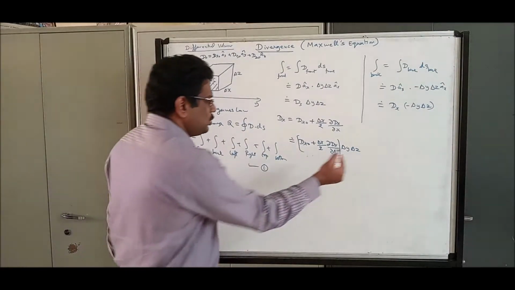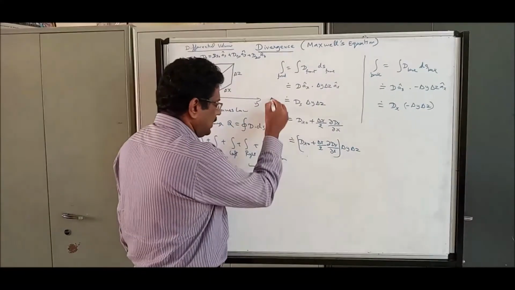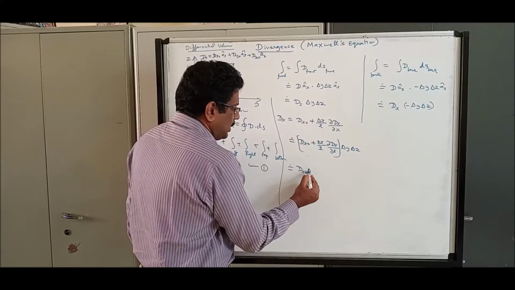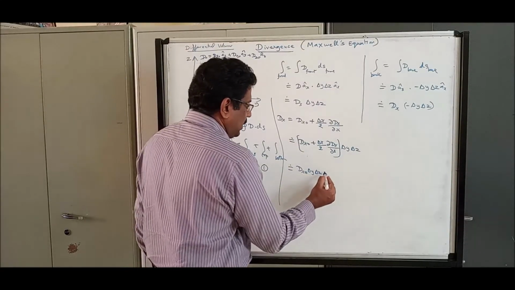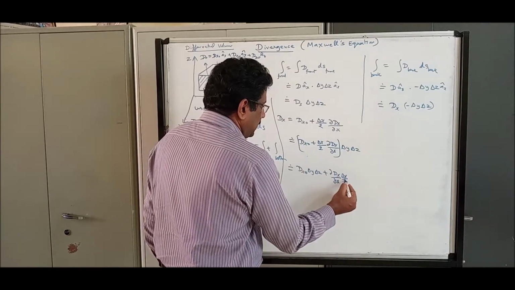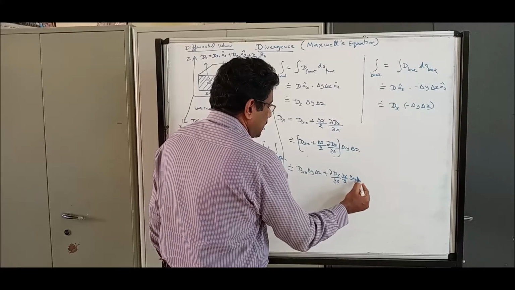If you multiply this value inside, what will be the answer? Dx0 delta y delta z plus ∂Dx/∂x delta x by 2 delta y delta z.